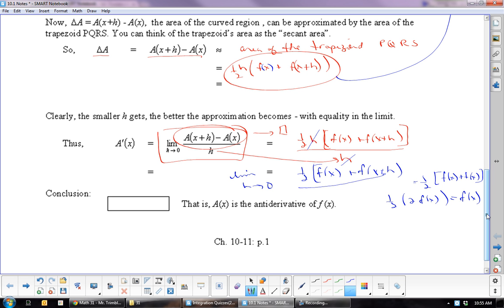So what I tried to show you is that if I take the derivative of the area, I get f of x, the equation of that line. Now, that is a good enough proof to say, if you give me the equation of the line and I take the antiderivative, I should get the area. So in conclusion, if you take the derivative of area, you get f of x.